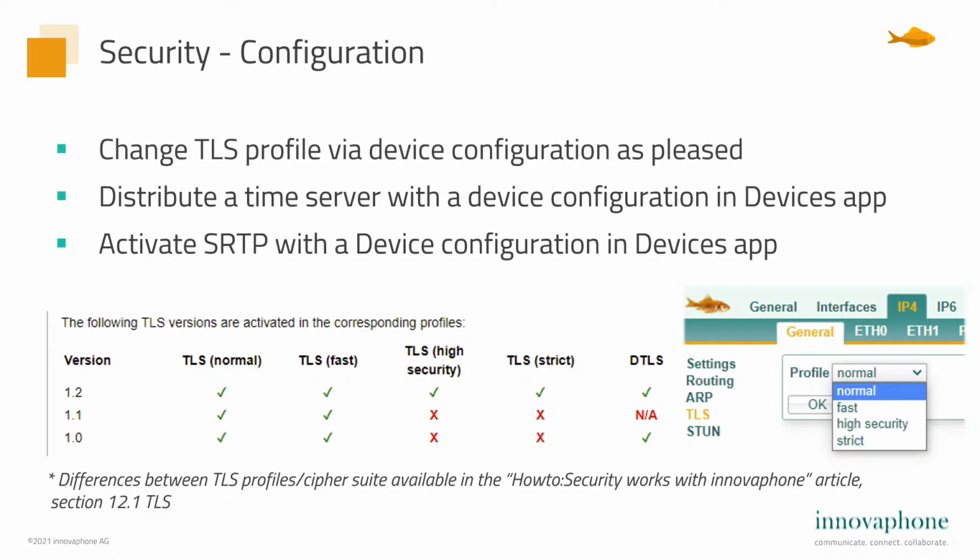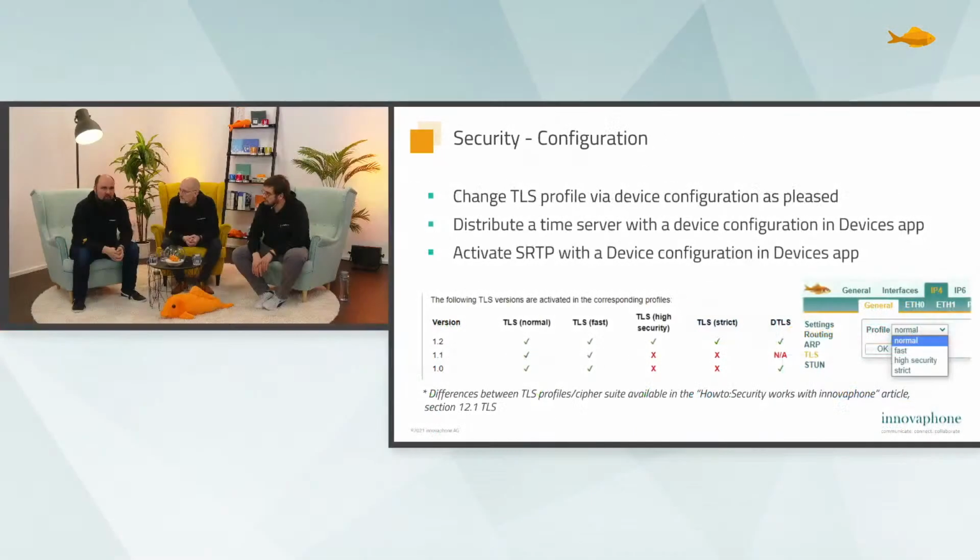And maybe you ask yourself why normal and fast is the same as the TLS high security and strict. That depends on the ciphers you are using, and there is a wiki article in our wiki on how security works with innovaphone, and there is a table.